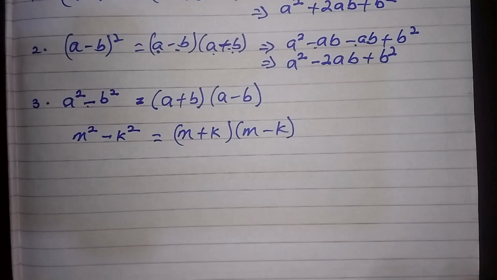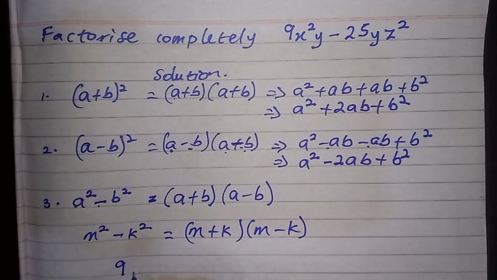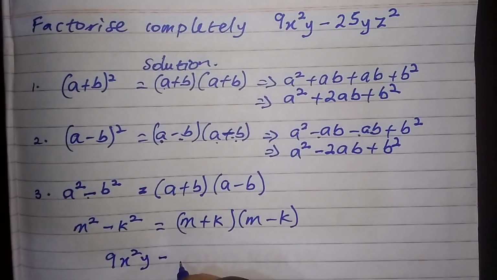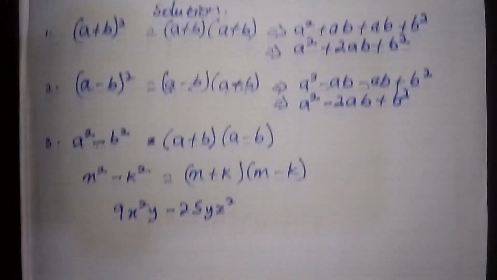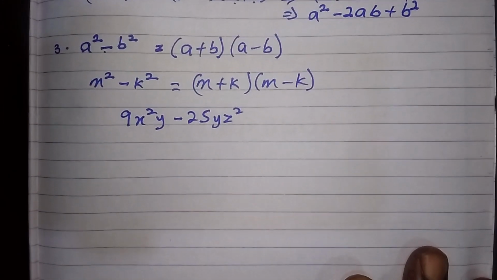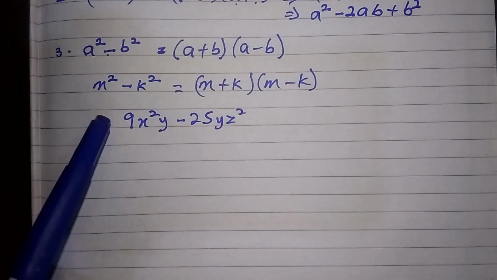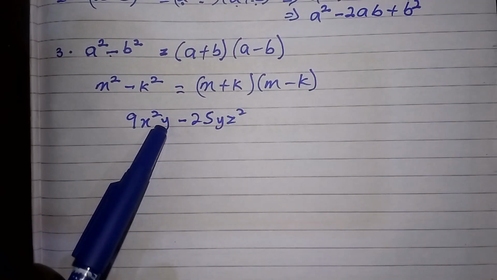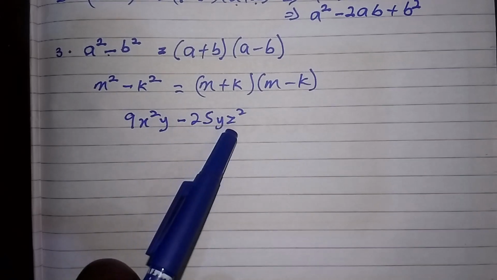So with this, we are going to jump onto the question, which is 9x squared y minus 25yz squared. Now what we are having here, I have 9, I have x squared, I have y, which is not having a square. I have 25, I have y, I have z squared.